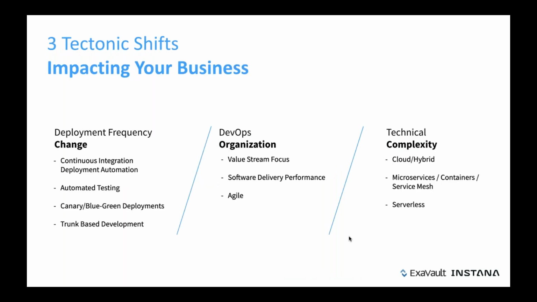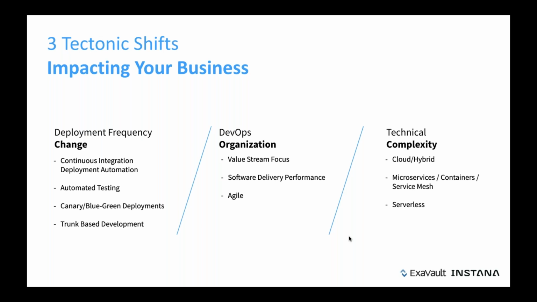Because of this, we're seeing that there have been three major, tectonic shifts that are impacting your business, and they are change, organization, and complexity. We are being asked to increase our deployment frequency with continuous integration, continuous deployments, automated testing, and doing things like canary deployments to ensure new releases don't negatively impact a large swath of our customer base.